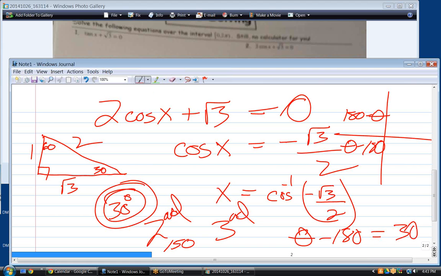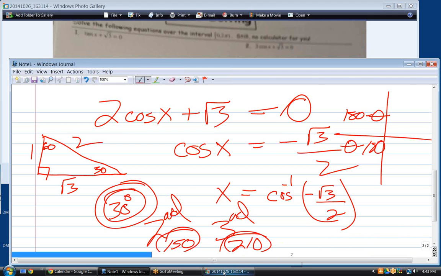What's theta? 210. Okay, those are your two answers. 150 and 210. Second and third quadrant, equivalent of 30 degrees, both negative.